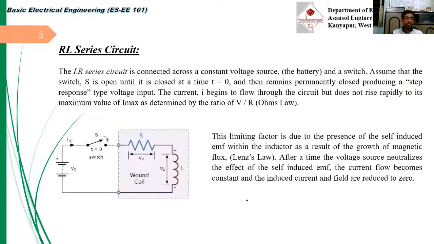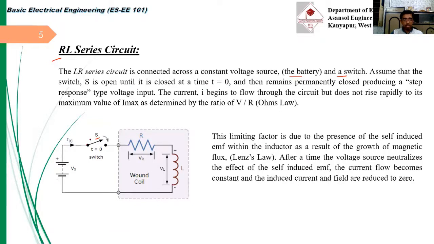Next, the discussion about RL series circuit. The RL or LR series circuit is connected across a constant voltage source, a battery, and a switch. Assuming that the switch S is open, until it is closed at time t equals to 0.